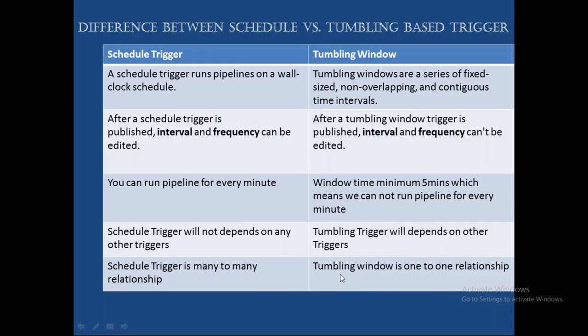What are the other things? The other thing is tumbling window you can use for processing your historical data, but schedule trigger you cannot use for processing your historical data. One more difference is in schedule trigger we have frequencies like hours, minutes, days, weeks, and months. But in tumbling window the frequency that we have is only minutes and hours.